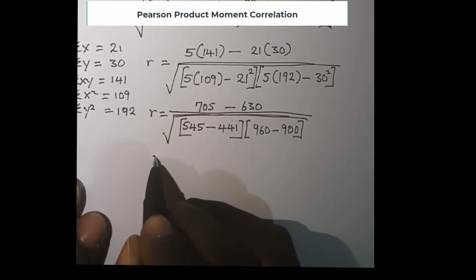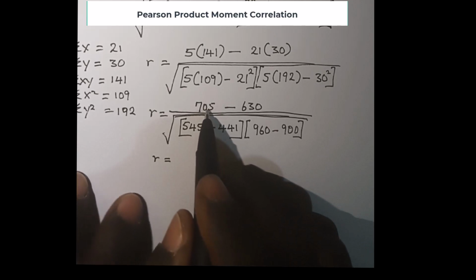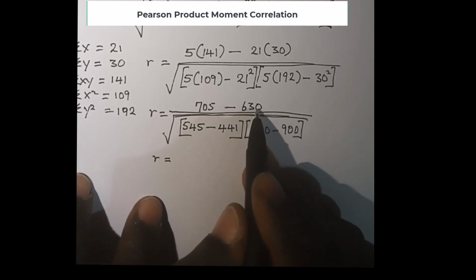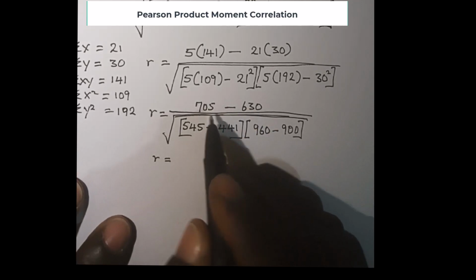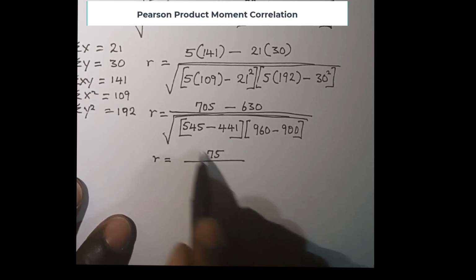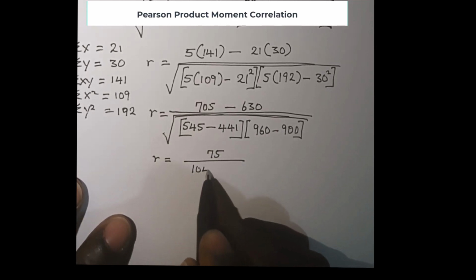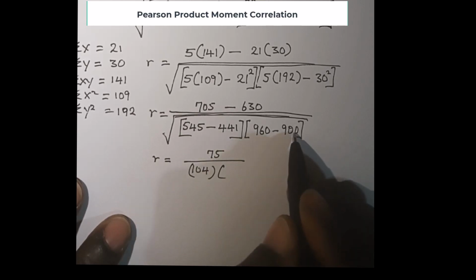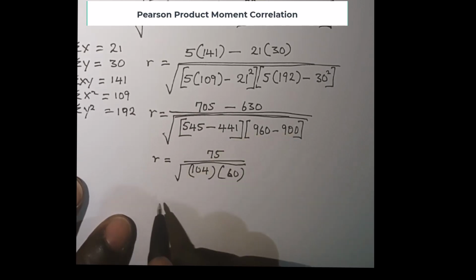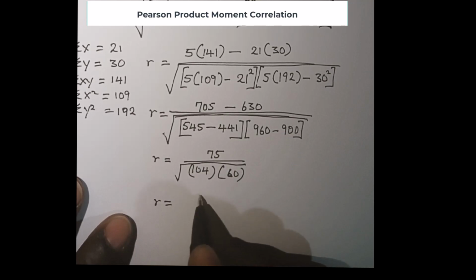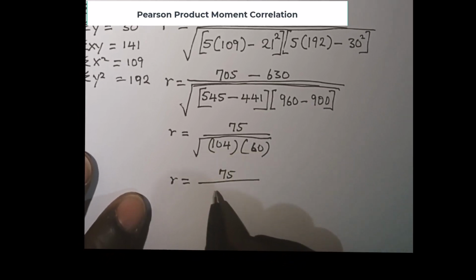So we'll have r now. We'll subtract 630 from 705, we'll have 75. Subtract this, we'll have 104, and this subtract this, we'll have 60. Hence, r is equal to 75 divided by, when this multiplies this, we'll have 6,240 in square root.